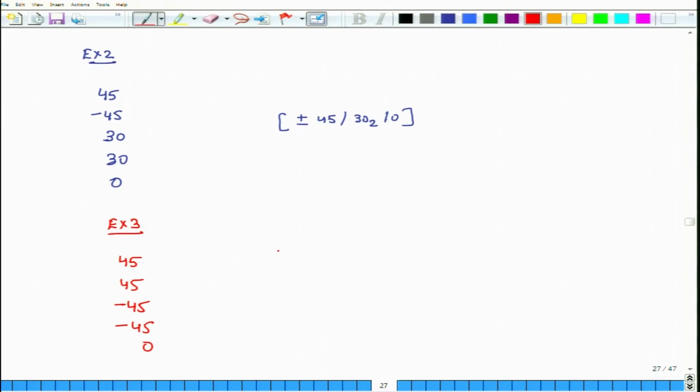So, this would be 45 subscript 2, minus 45 subscript 2, and 0. Or you can also write it as 45, plus minus 45, minus 45, 0, but the first is more common.